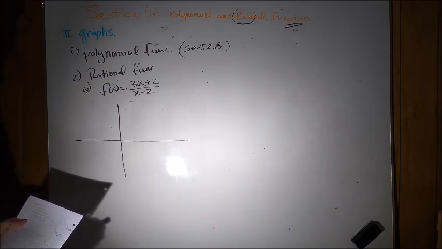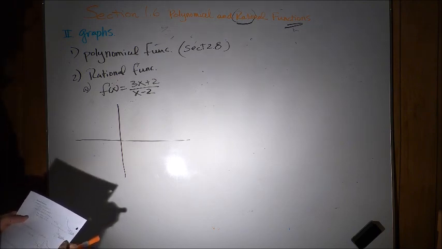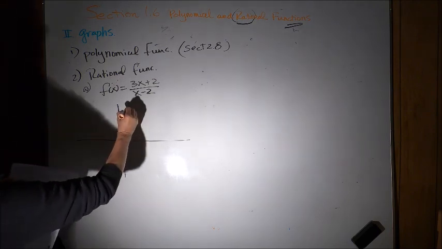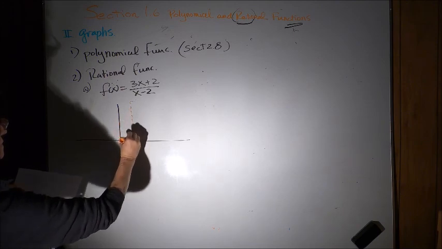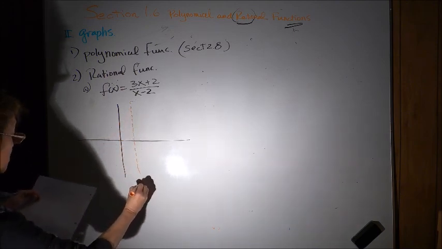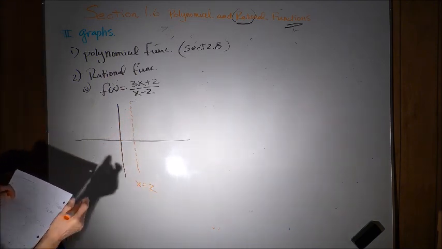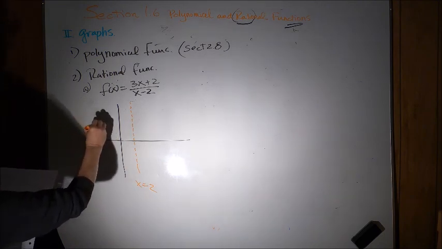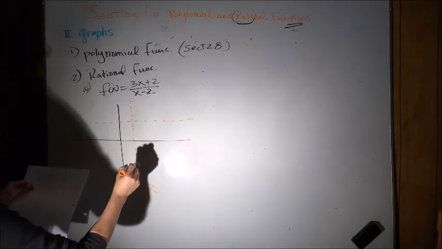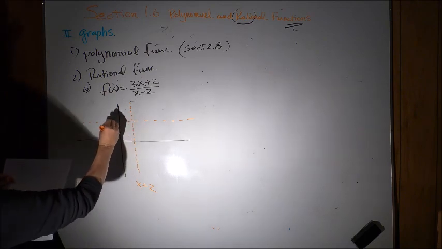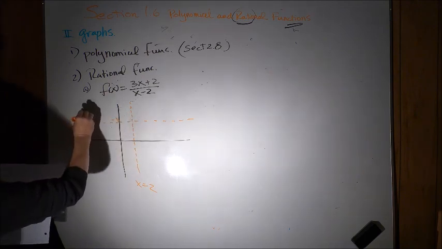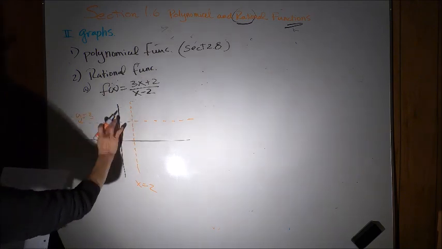So when you graph it, then you will see this one. This is your x equals 2, and then y equals 3, not negative 3.